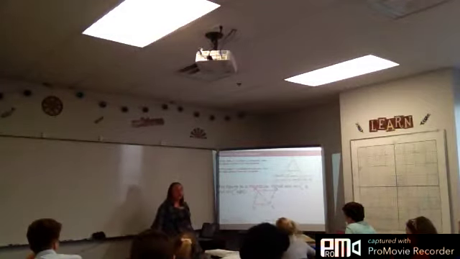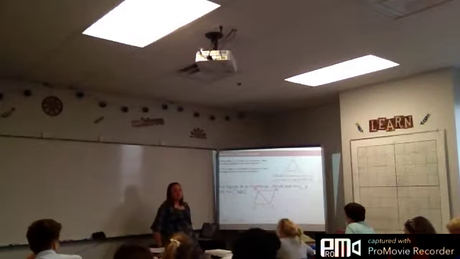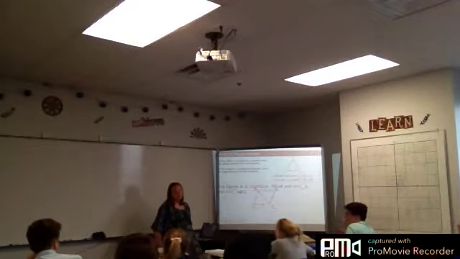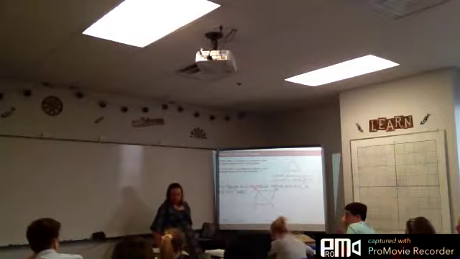Also on a rhombus, if you know that all the sides are equal, what does that mean about every angle? Equal. So what would every angle be on a rhombus? 90? Wait, would it be 90?